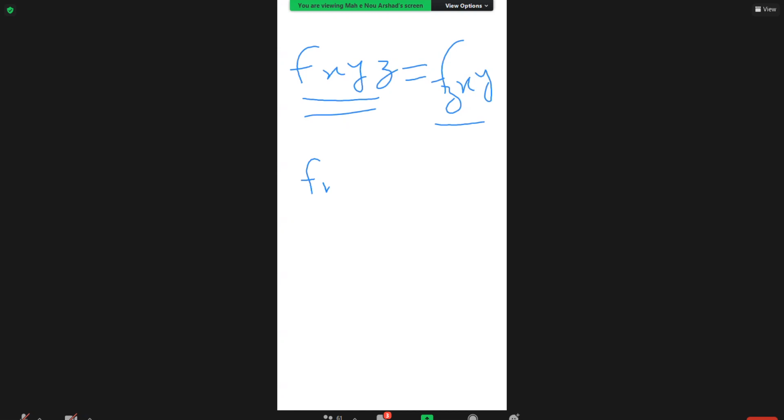Here f_xyz means you are taking the derivative of f_xy with respect to z. You are taking the derivative with respect to z of f_xy. Now I will explore this one.